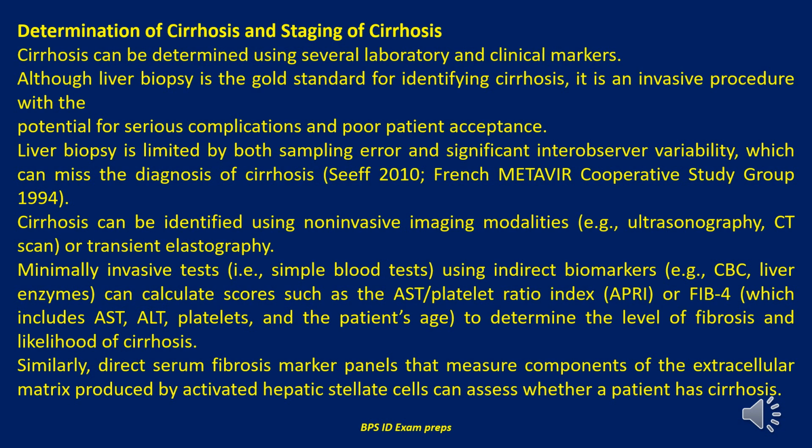Cirrhosis can be identified using non-invasive imaging modalities, e.g., ultrasonography, CT scan, or transient elastography. Minimally invasive tests, i.e., simple blood tests, using indirect biomarkers, e.g., CBC, or liver enzymes, can calculate scores such as the AST platelet ratio index, abbreviated as APRI, or FIB4, which includes AST, ALT, platelets, and the patient's age, to determine the level of fibrosis and likelihood of cirrhosis.